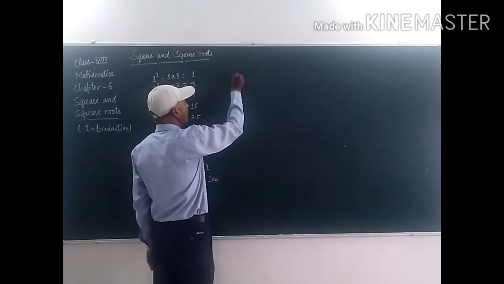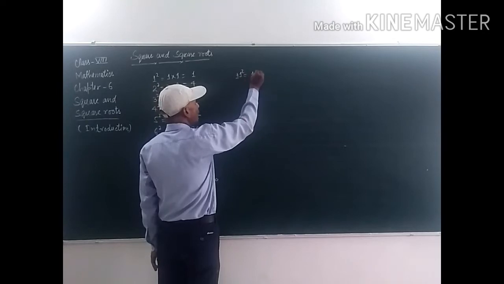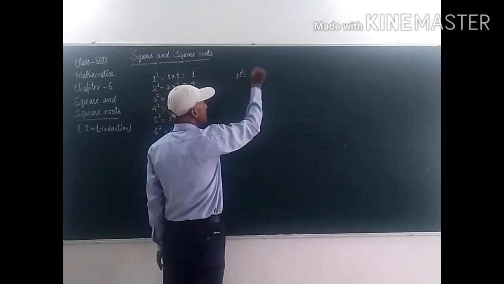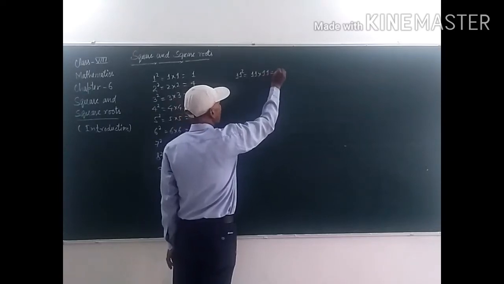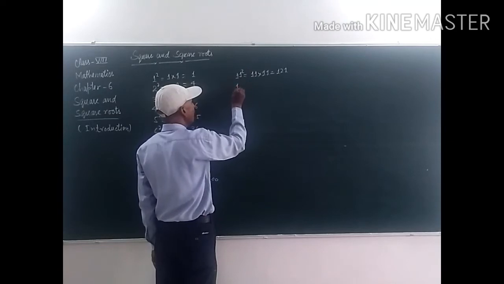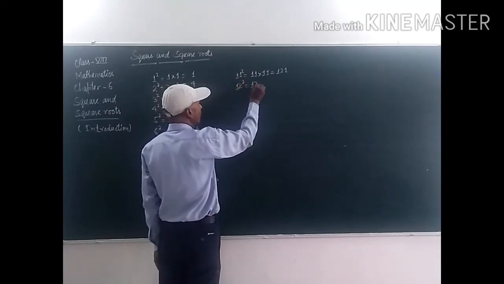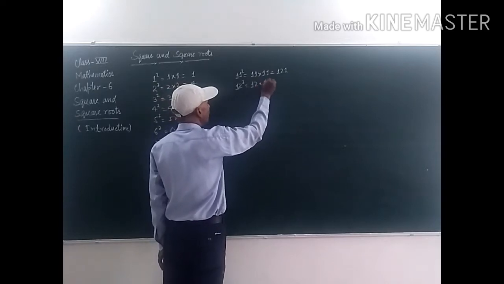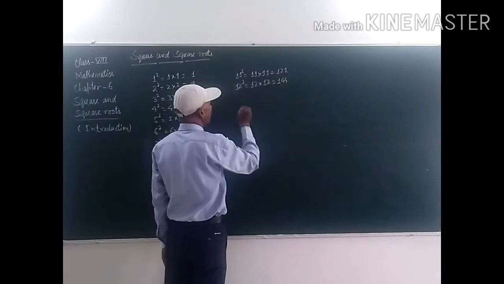Square of 11, it means we have to multiply 11 2 times, means 11 into 11, that is 121. Square of 12, it means 12 into 12, that is 144.